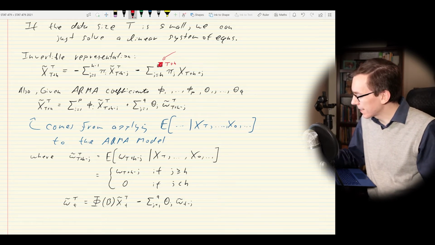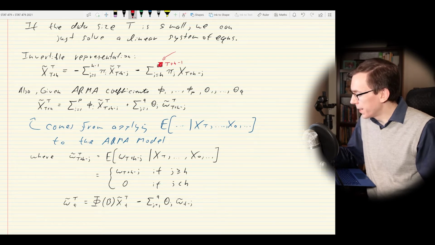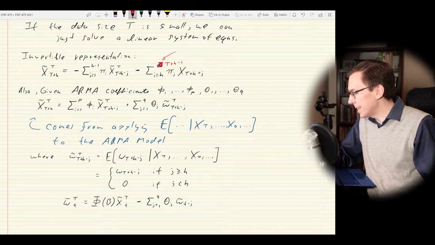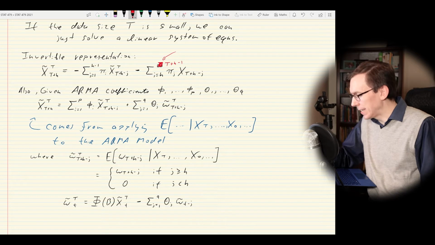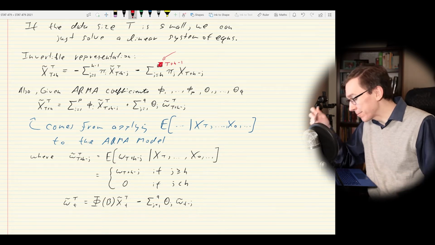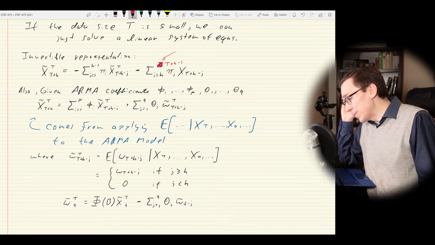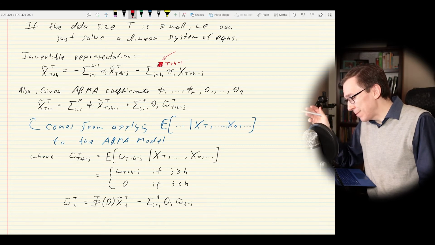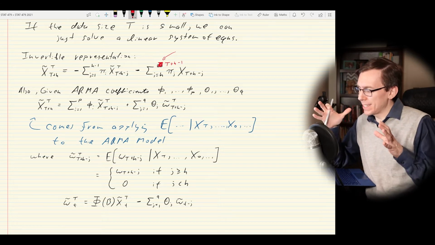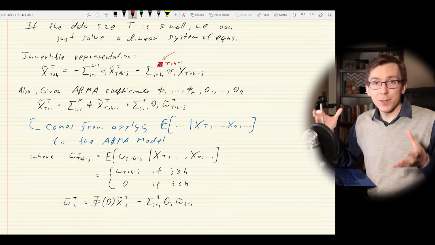I guess this is technically supposed to be a t plus h minus 1, so that the smallest index on the x will be 1, right? Because t plus h minus t minus h plus 1 is just equal to 1. So yeah, that was a slight misstep on my part. The point is that we can just do that.